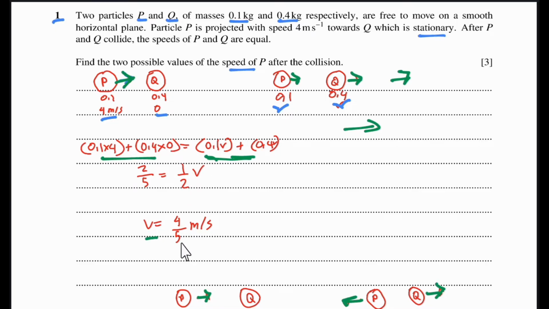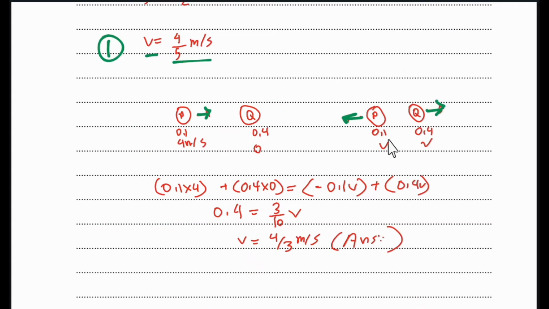The velocity comes to be 4 by 5 meters per second for the first case. For the second case, Q is moving in the positive direction while P is moving in the negative direction from its initial direction, so we equate momentum before collision to momentum after collision to find the second velocity, that is 4 by 3. These are the two cases.